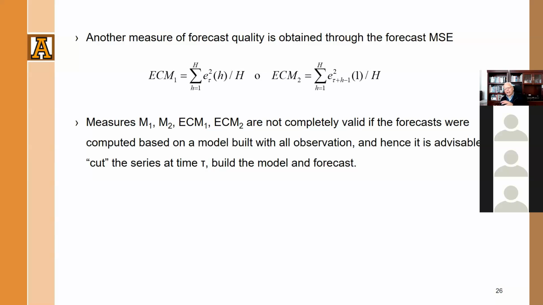We don't consider those data points to estimate the model. That's the right thing to do, because otherwise we're underestimating. So what's advisable is to cut the series, build a model with the largest part of the series, and then leave out only the observations that represent the number of periods that we need to forecast ahead in practice.